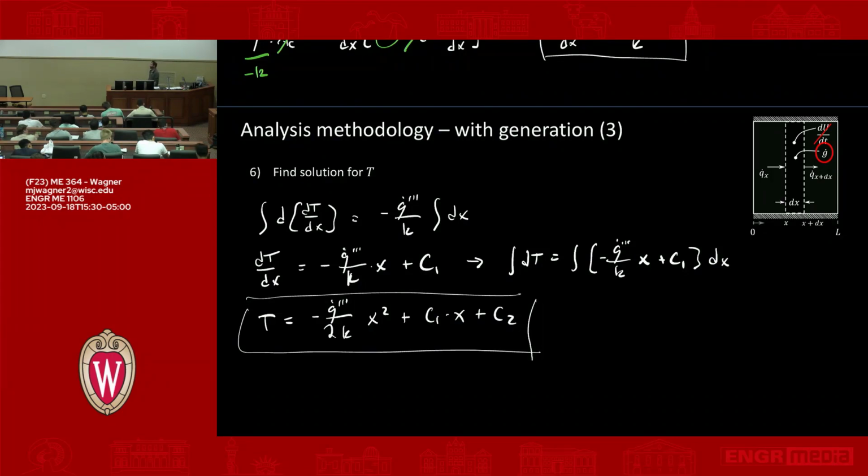Our general expression. No boundary conditions yet, so it's not specific to our problem. In fact, we haven't actually outlined what the problem is, so I'm going to leave it here and not do the boundary conditions. But this is the general expression. To actually finally solve this, you'd have to know the boundary condition on the left and the right, enforce those, and then solve for the unknown constants.